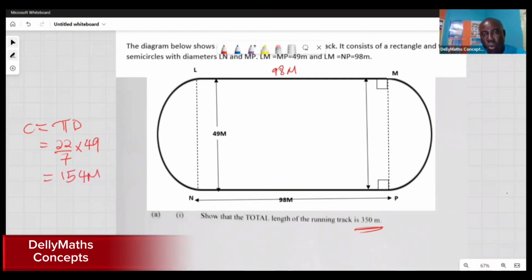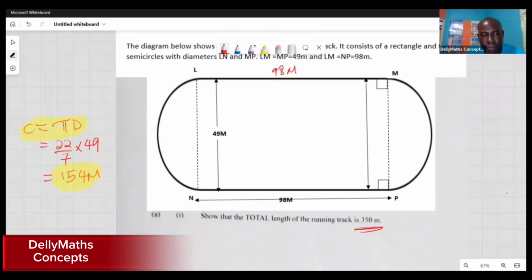That 154 meters is a complete circle, which is this distance plus this distance as well. Because they are of the same dimension, I just use the one formula, one complete circumference.